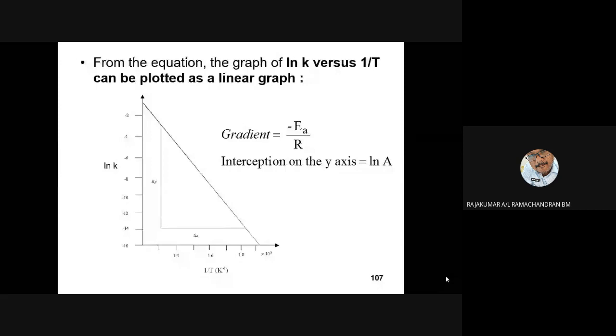So gradient kita cari daripada graph. Sudah tahu nilai gradient, sudah tahu nilai R, maka activation energy boleh dikira. Another important note about activation energy is the unit must be, take note, must be kilojoule per mole. Okay, and one more thing, the intercept on the y-axis is ln A.